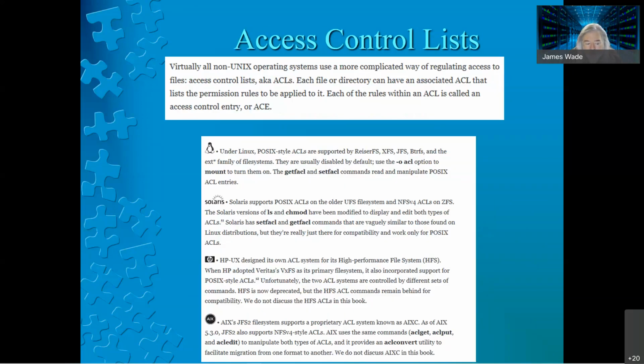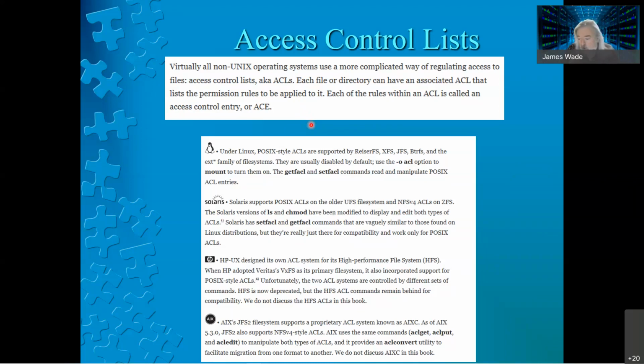Access control lists. Virtually all non-Unix systems use a more complicated way of regulating access to files. Hint: what they're saying here is Windows. With an access control list, each file or directory can have an associated ACL for the permissions. Remember, we talked about permissions of read, write, execute, and in the last chapter or the one before that, we talked about how that really doesn't give us granular permissioning.